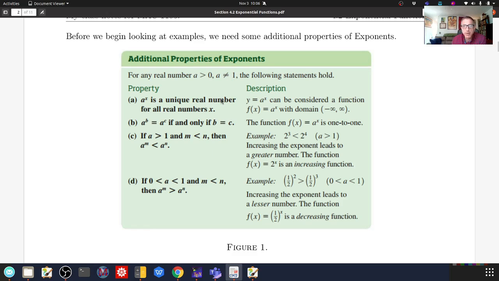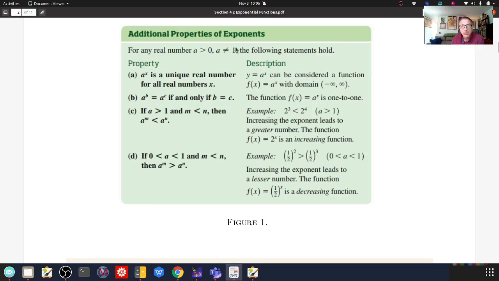So here are the properties. If these two criteria hold, here are the properties. Remember, f of x is equal to a to the x. That's f of x is equal to b to the x just by relabeling. It's a unique real number for all real numbers x.